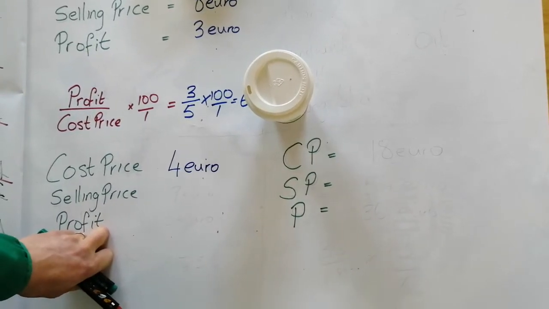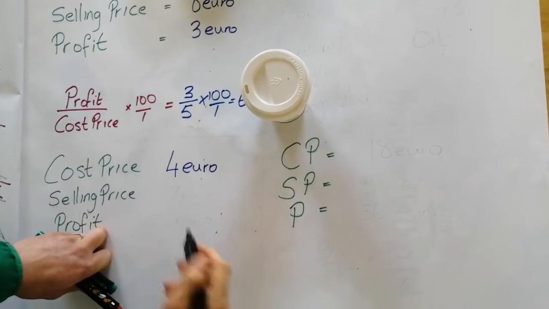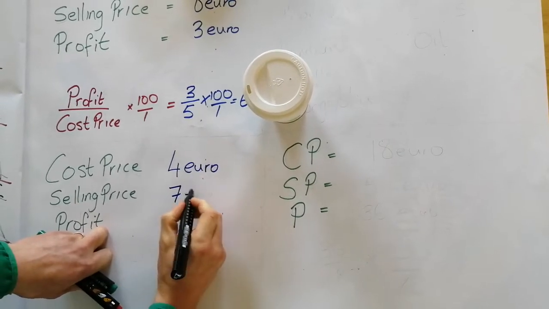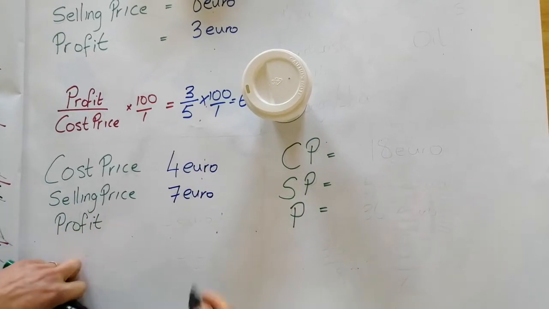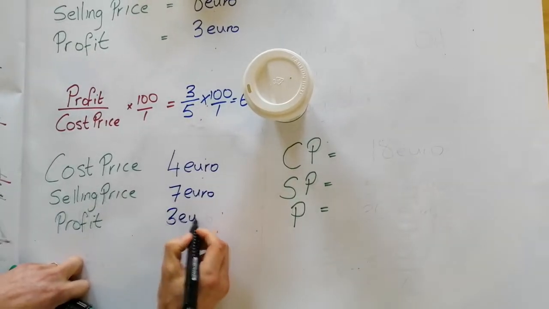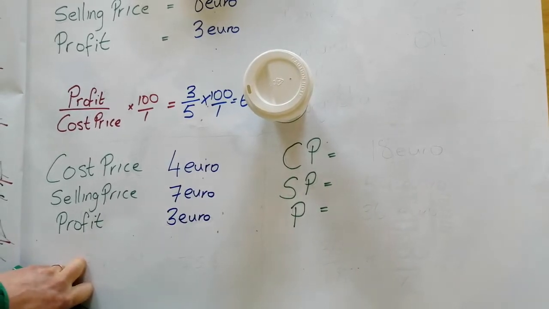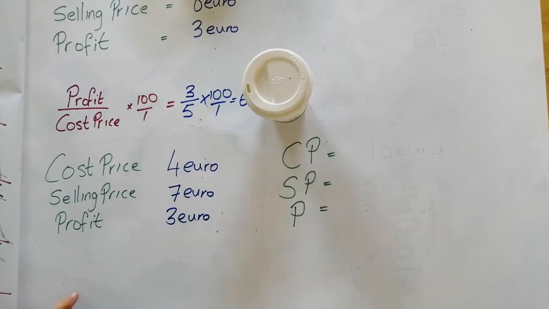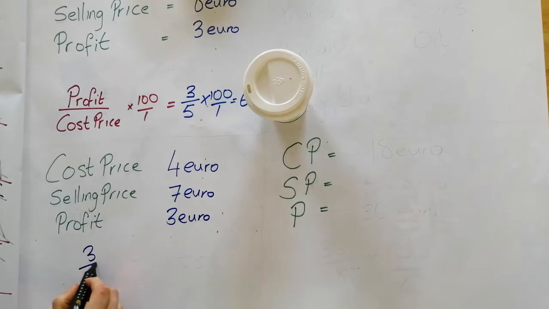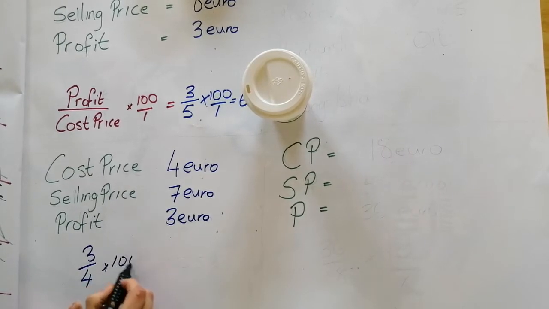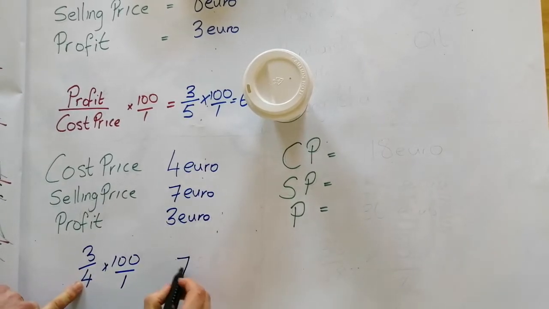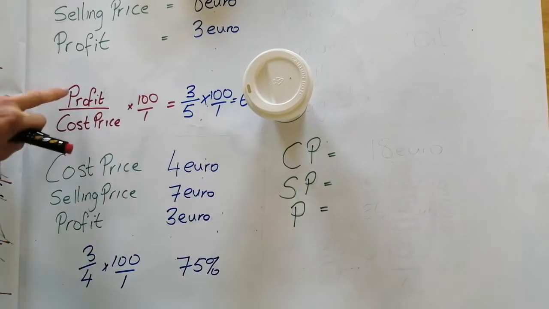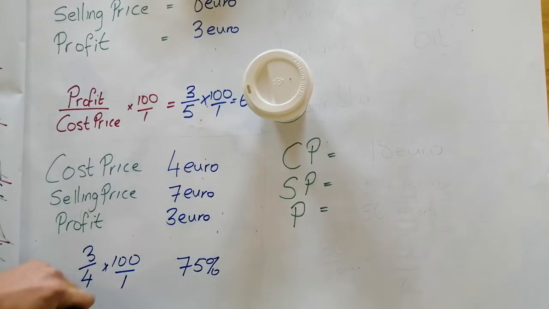That means the cost of producing the coffee is €4, and let's pretend that they sell it to you for €7 to make a profit. And of course, once again, the profit that they make is €3. We have to work out what percentage that profit is, and of course that's 3/4 by 100/1. And of course we all know that this is going to be a profit of 75%. Okay, so in all the questions you do, it's profit over cost price multiplied by 100/1.